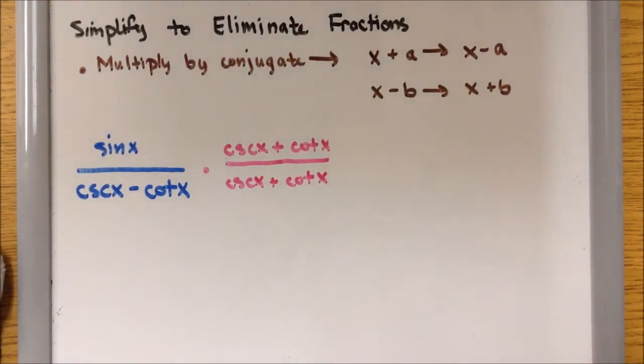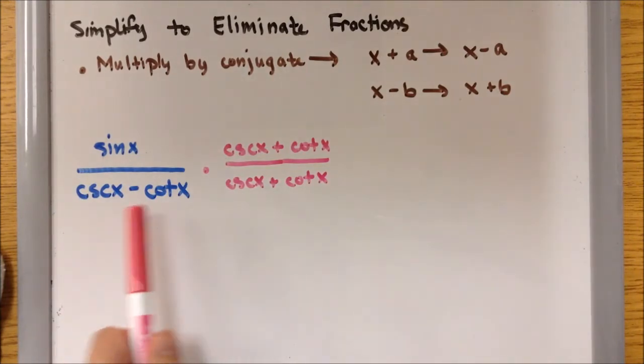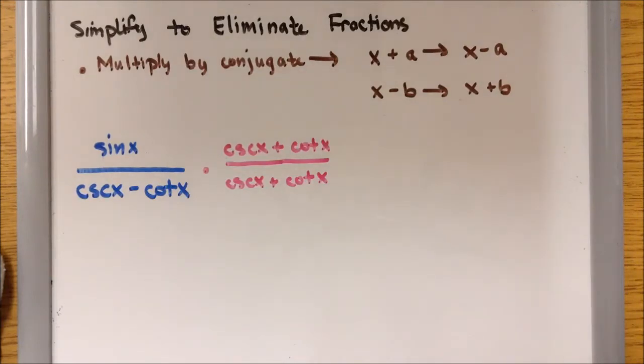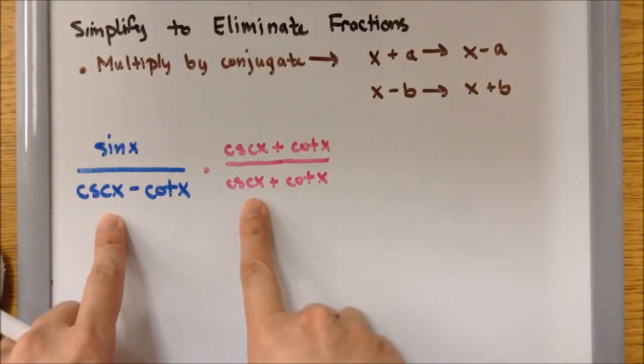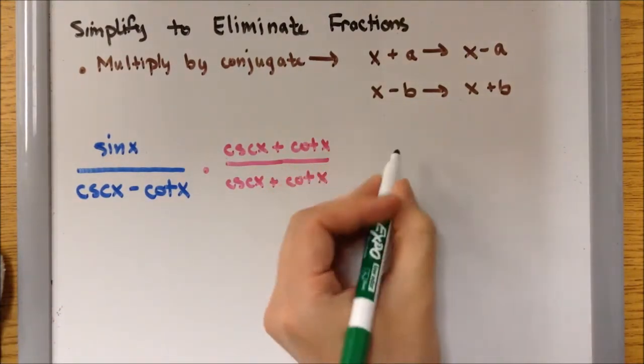The reason we're going to do that, and you already saw it in the last video, is that when you multiply, the middle terms will cancel out, which I will show you. So we're going to FOIL. Cosecant x times cosecant x will be cosecant squared x.